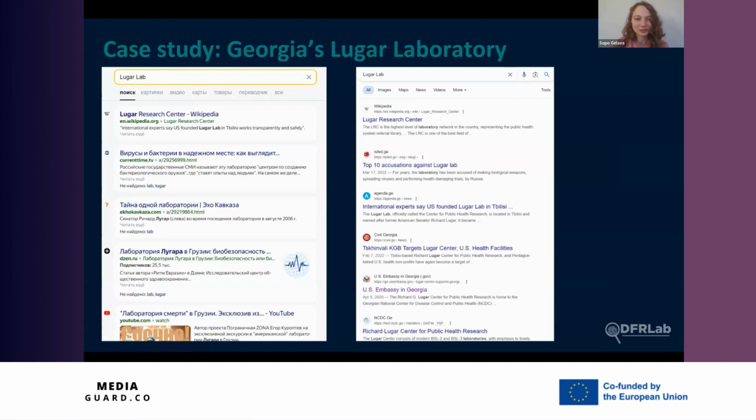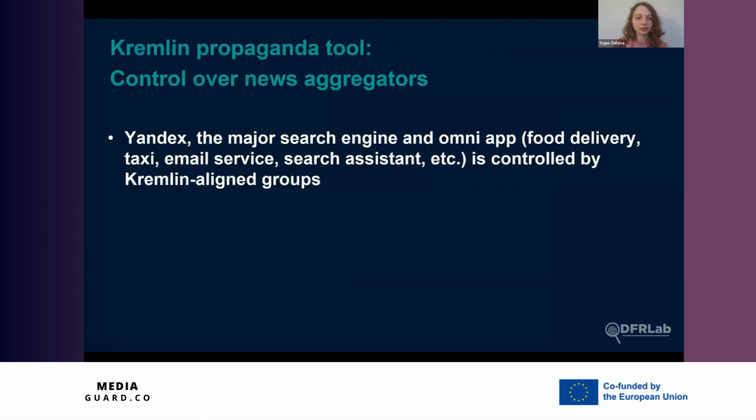So again, a very strong title. And then in Google, we see different articles from very prominent Georgian organizations or fact-checking organizations. Again, the Wikipedia article, but also one from ISFED, one of the local research organizations, top 10 accusations. So the informative articles, and this is evident if we search some Ukrainian developments, like developments from the war or certain cities. Let's see some examples because, as I said, this is one of the tools by which the information domain is manipulated to shape a certain opinion about certain topics.